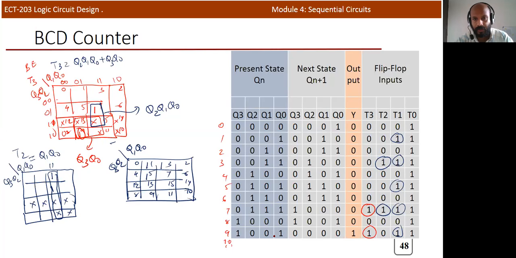Here this Q1 is changing from 0 to 0. So this value should be equal to 0. That's a mistake, so please correct it. It's 0 here, not 1. So then you will get 1, 3, 5. Then you need to indicate 7. And these are the don't care conditions.